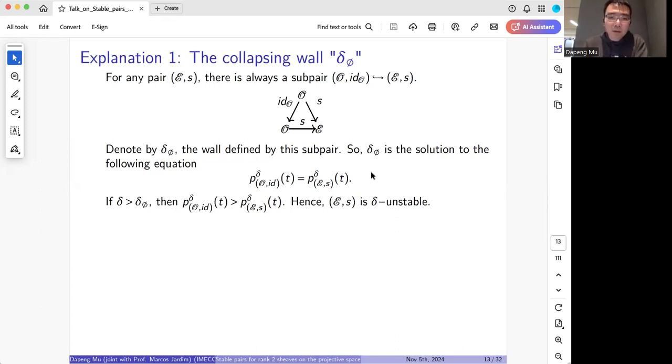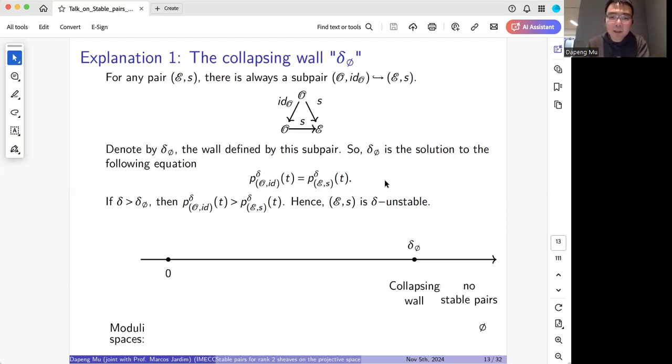Okay, here's another observation, just by some direct computation. If your delta is larger than the solution to this equation, then the polynomial of the subpair will be larger than the polynomial of the pair E comma S. This implies that the pair will be unstable. So for any given pair, we have this collapsing wall.